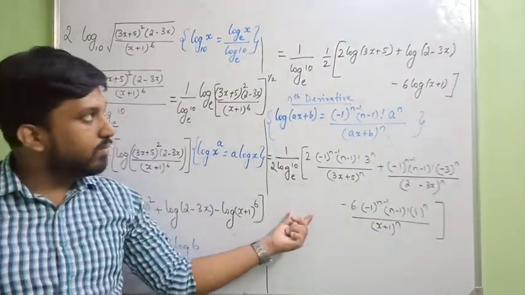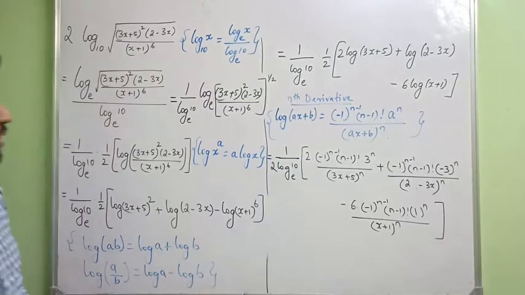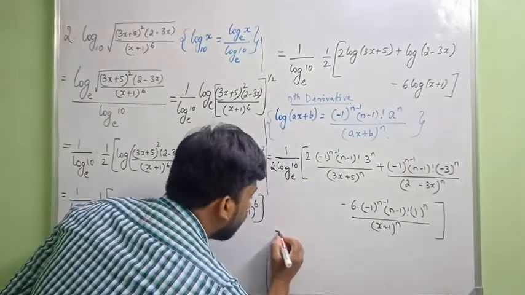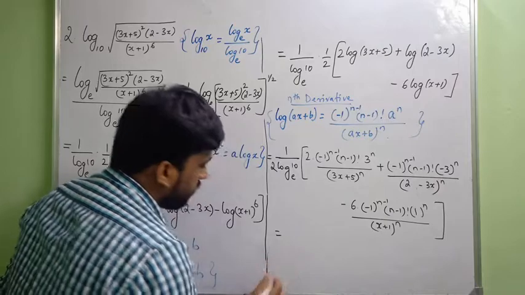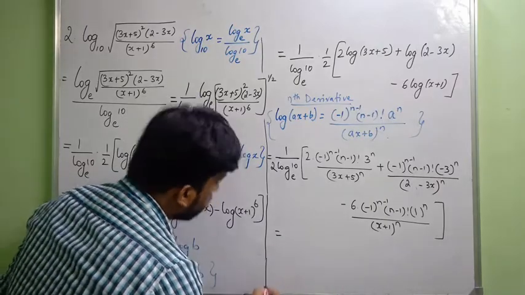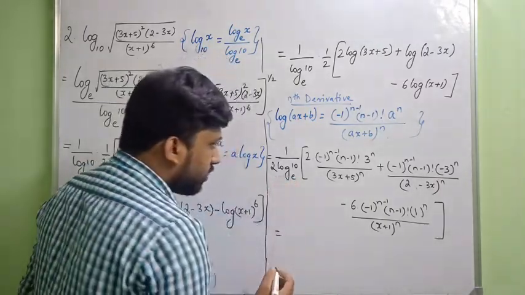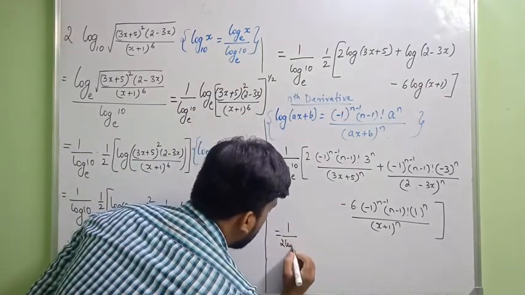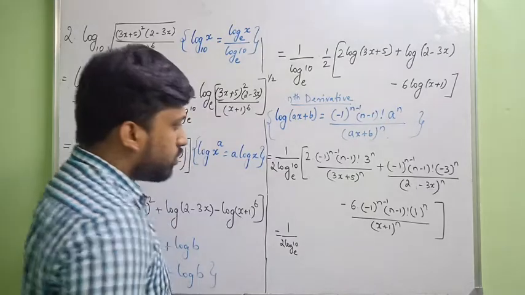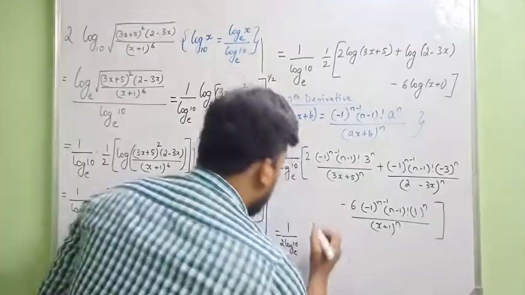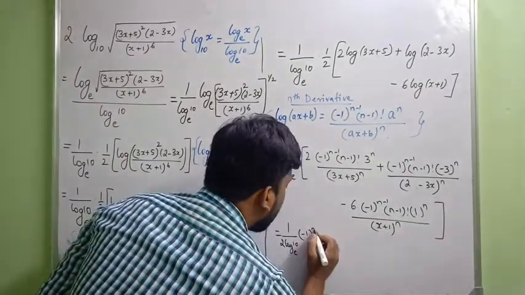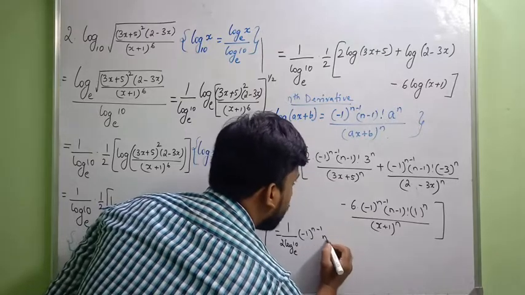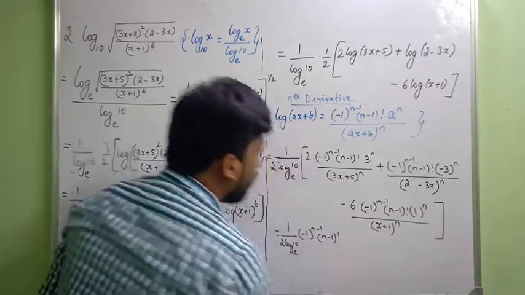We are finding the nth derivative of this function. So that is equal to, what's going to happen? You can take out the common factors: we have 1 by 2 log 10 to the base e. What else is common? You have minus 1 to the power of n minus 1 and n minus 1 the whole factorial common.